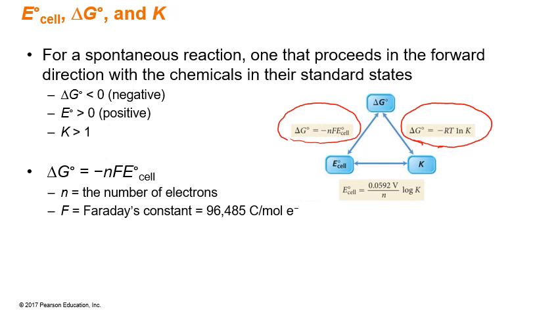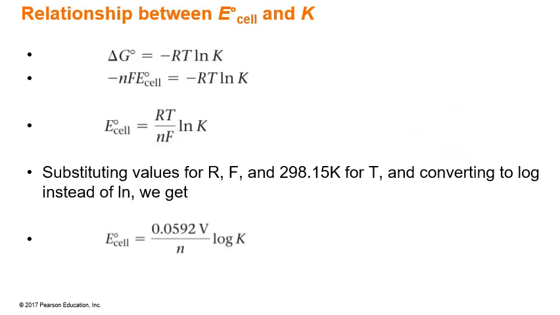And so what we are going to look at now is the relationship between the cell potential and our equilibrium constant. So if we want to find that relationship, we're going to set the other two relationships that we just talked about equal to each other, and then solve for the cell potential under standard conditions, because remember that little degree sign means that we're under standard conditions.